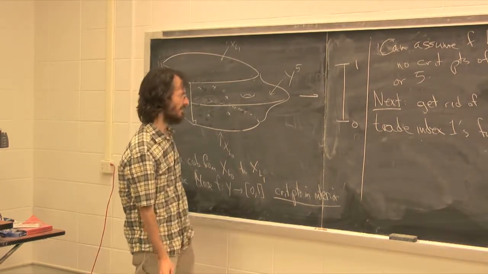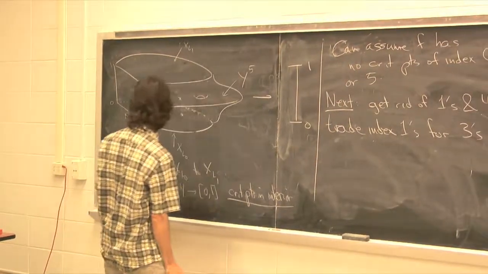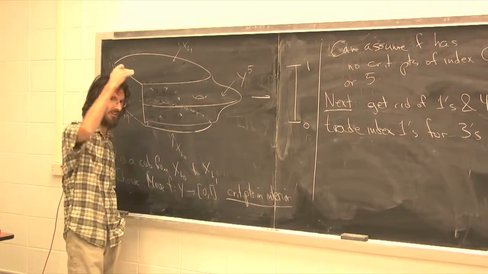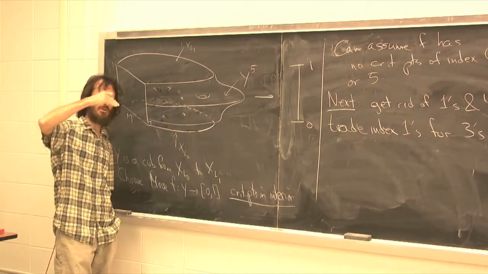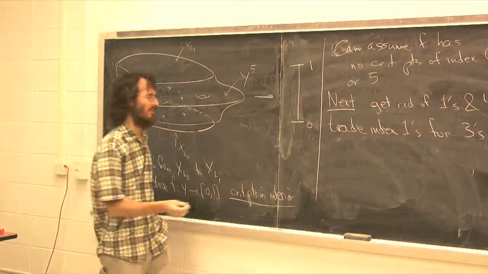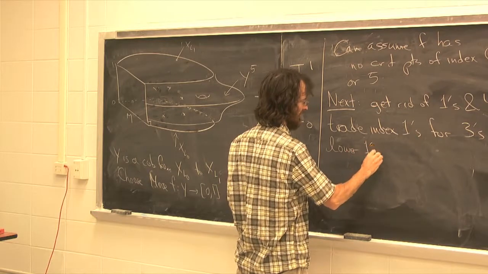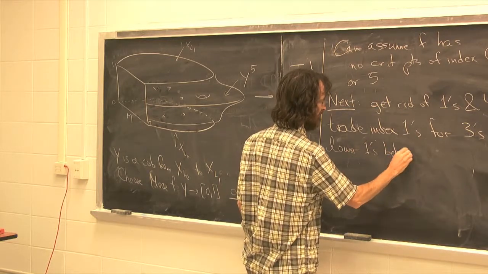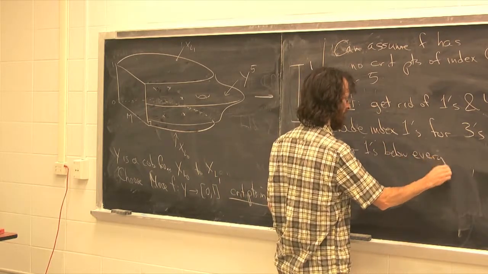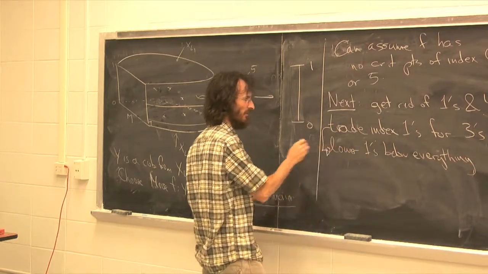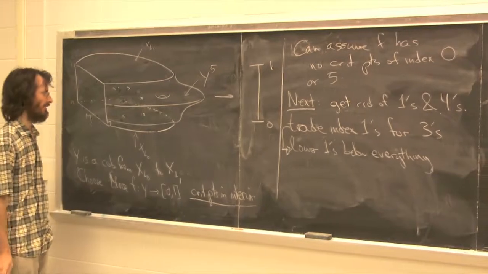So first of all, we can always order the critical points by index, right? So we can lower the ones below everything first. So this is how we do this: how to trade ones for threes. We lower the ones below everything else.